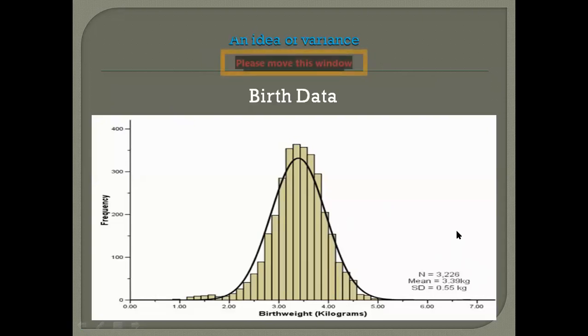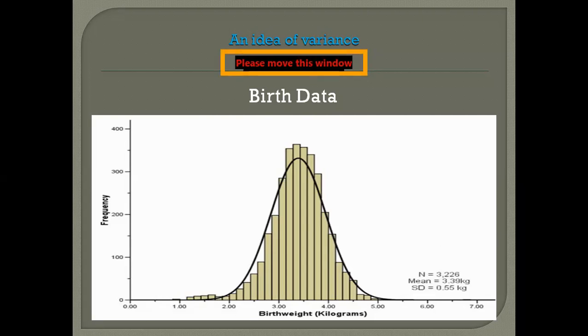If you add 0.55, the standard deviation, to the mean, and subtract 0.55 from the mean, let's keep it simple. Say we have a mean of 3 kgs and a standard deviation of half a kg. Then 68% of the data will lie in the range of 2.5 kgs to 3.5 kgs. So almost 70% of the data falls within that range.